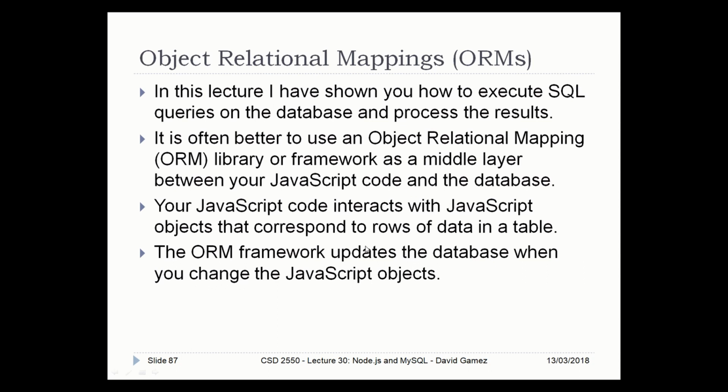So it's a nice middle layer and prevents hacky mistakes caused by fiddling around with the SQL, and is basically a more elegant and safe solution for building databases and interacting with data in databases.